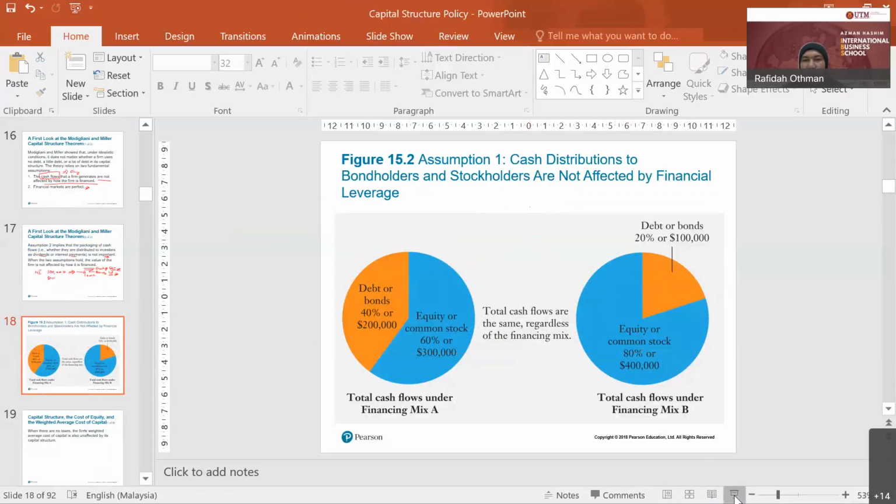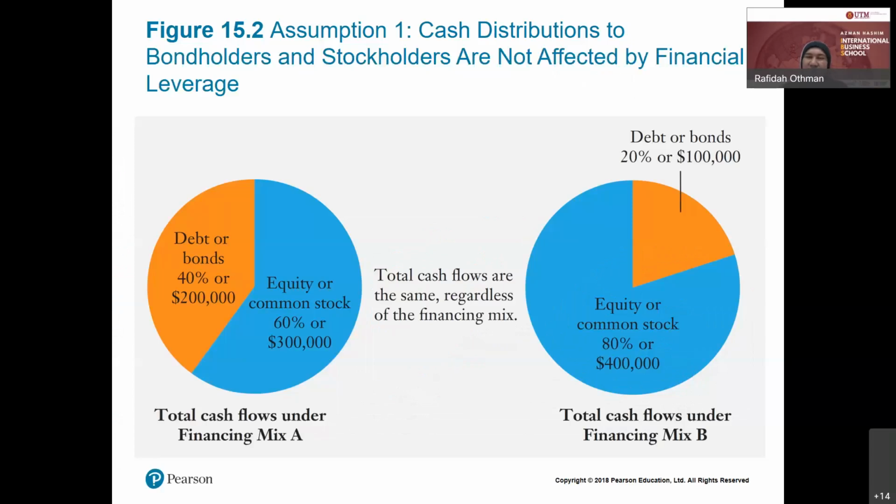When you have common stock, you have to issue dividends. But when you have bonds, you have to pay interest. For instance, you have 100,000.